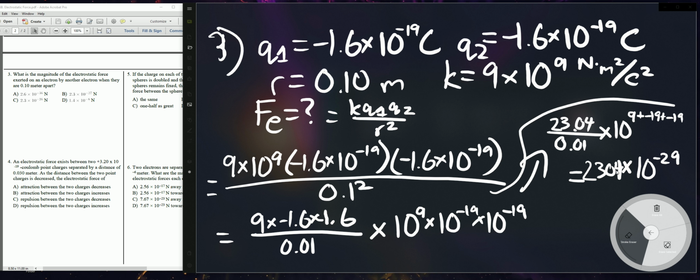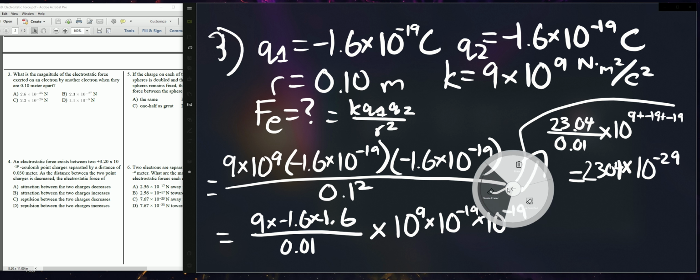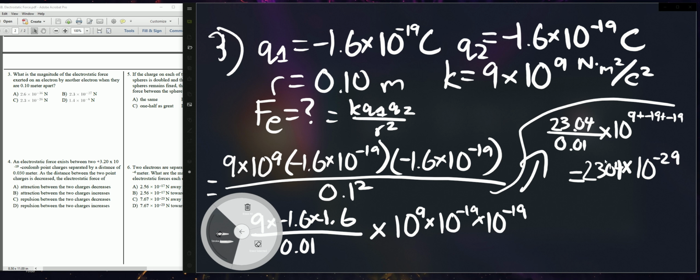Well, we have to simplify this. Let me move this to the other side. This is going to become 2.304, moving the decimal 3 places over. And I'm going to get 10 to the negative 26. Okay, so 20 newtons. So the answer choice is C. That's the answer.